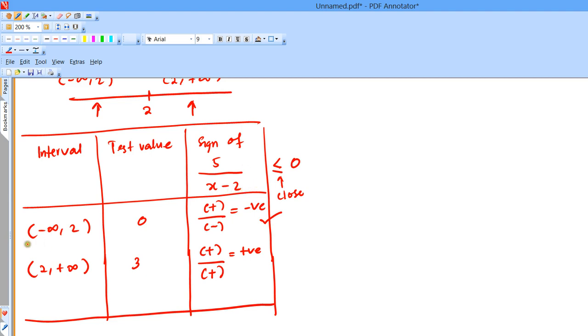So our solution in interval form will be from negative infinity to 2, with an open bracket, not a closed bracket. Okay, next.